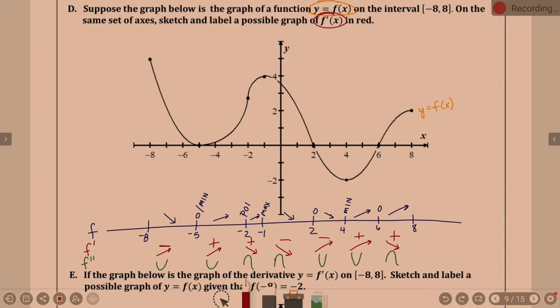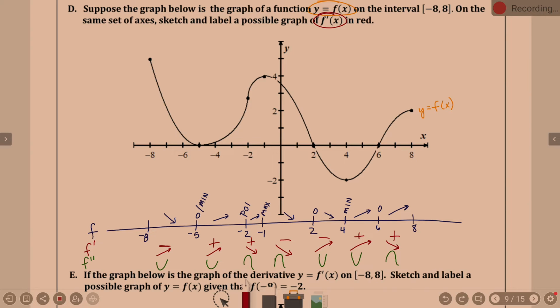Those arrows defined whether my derivative is going to be negative or positive. Because my original function is decreasing here, I know my derivative will be negative, below the x-axis. Here, because the original function was increasing, positive slope, my derivative is going to be positive, above the x-axis. Whereas the other arrows have to do with concavity.